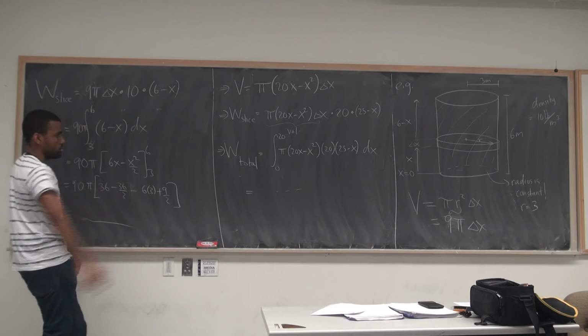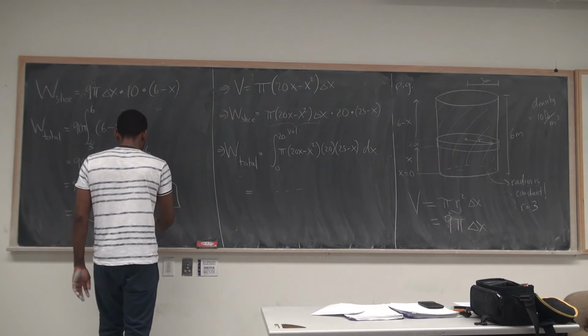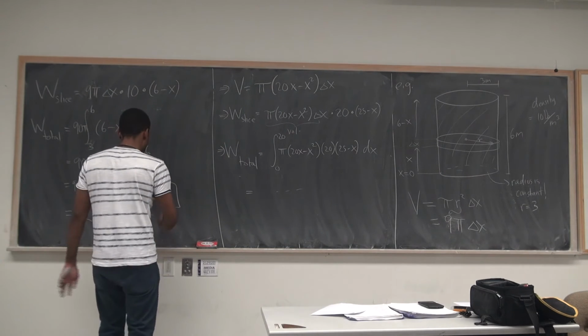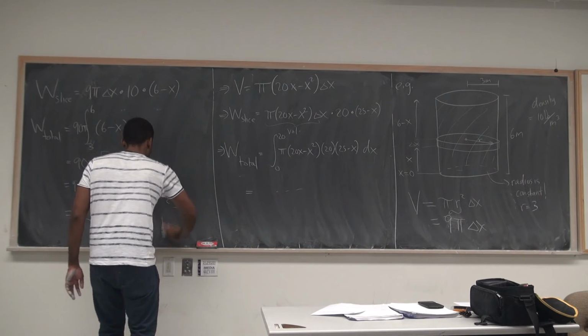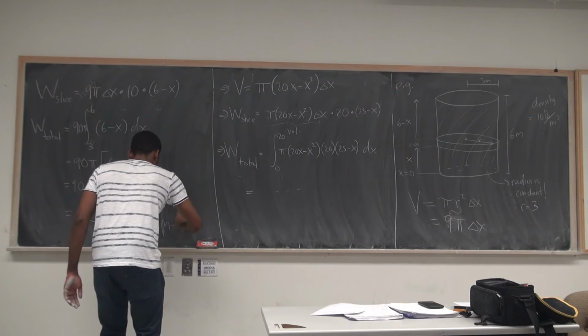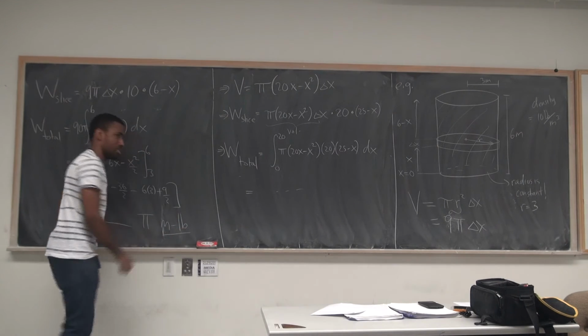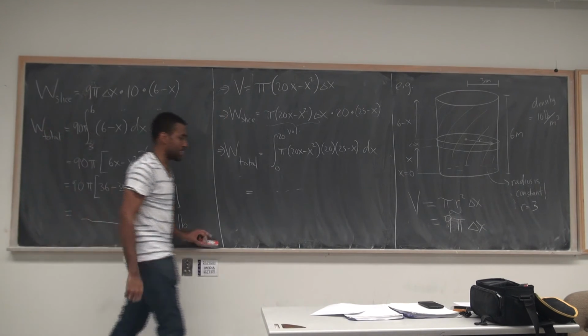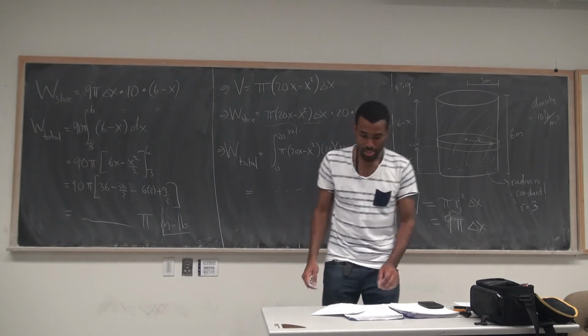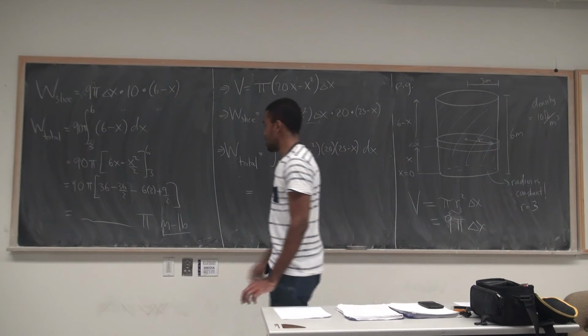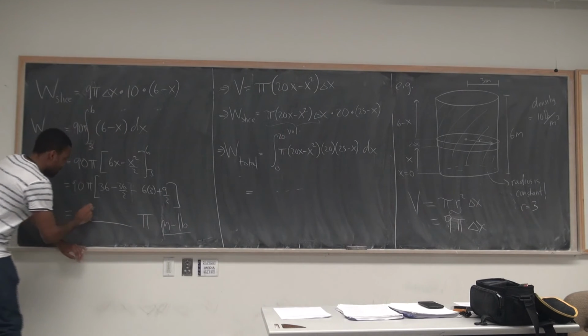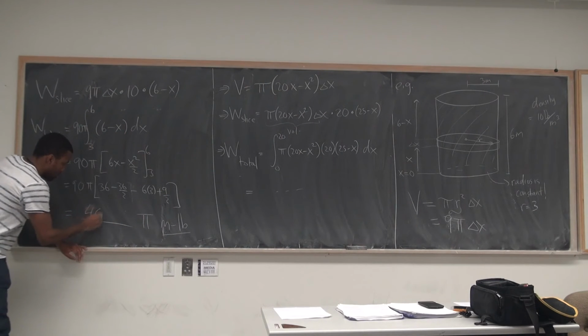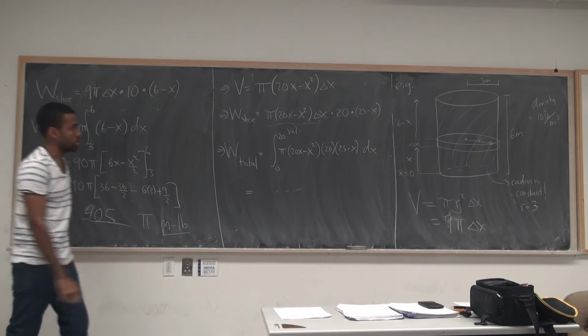And that's 405 pi. The units are going to be meter-pounds, right? Which is crazy. Mixing metric and imperial. 405 pi. Doesn't make sense.